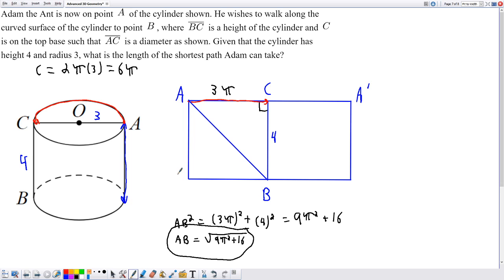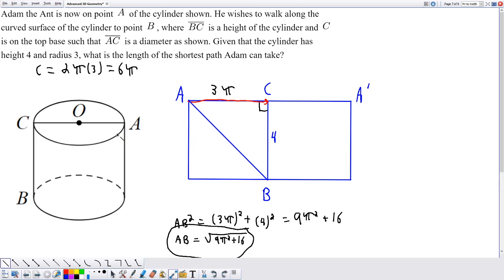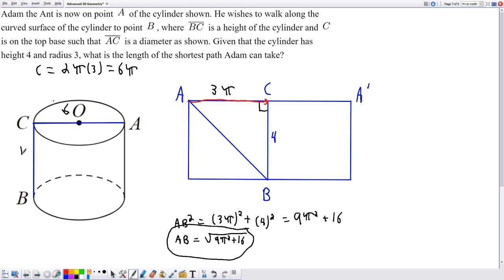And one thing to note is the path we found isn't the shortest path the ant could have taken. The shortest path the ant could have taken would just be from going from A to C and then C to B, because that has a length of, well, the radius is 3, so CA is 6 and 4, so that would just have a length of 10.